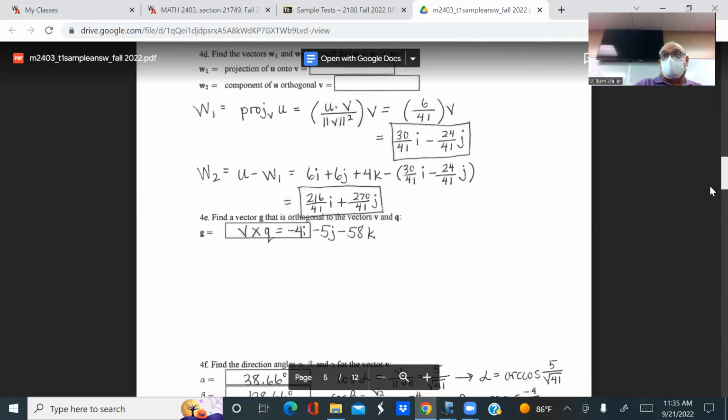Right, not the entire sample test. That would take too long of a video, but just some key problems there that are either important problems that you really need to know how to do, or the problem has lots of parts in it that illustrate various facets of vectors, and so I think it's a useful problem to help you study for the test. Anyway, so I will make a video this weekend and post that.